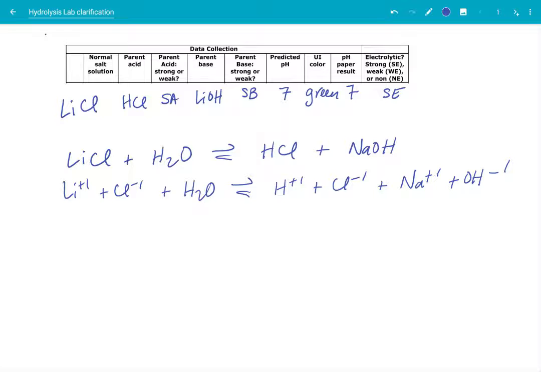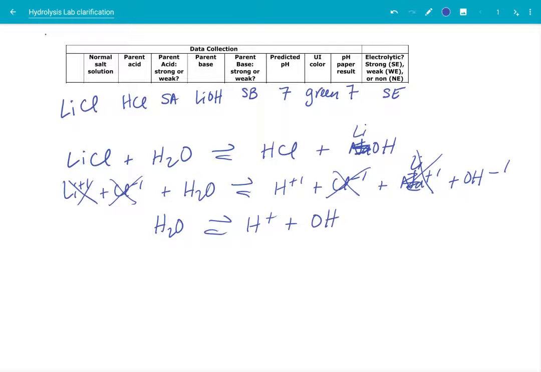And strong bases split up. So my net ionic, if I figure out who goes away, okay, there should be LiOH. You can tell my brain is not on there. Okay, so the lithium would also go away. And so what I'm left with on my net ionic is H plus OH minus.